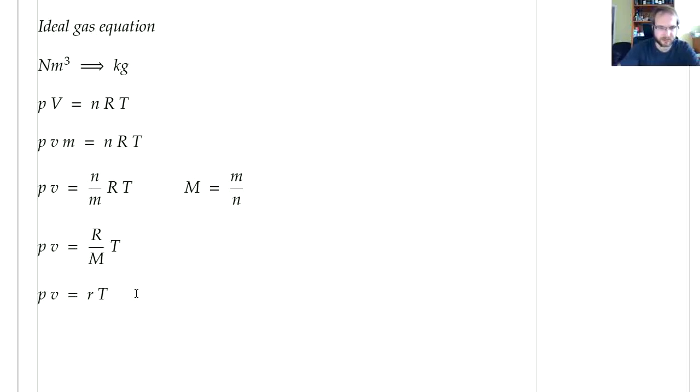Now for the air, the molar mass, let's put it here, M air, is approximately 29 grams per mole, meaning also 0.029 kilograms per mole.